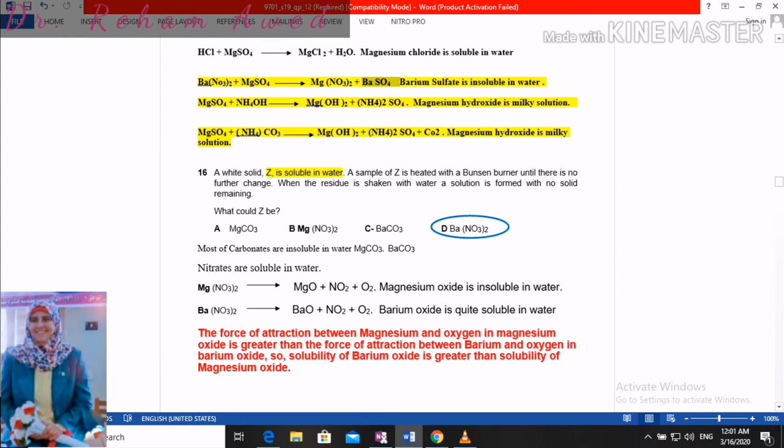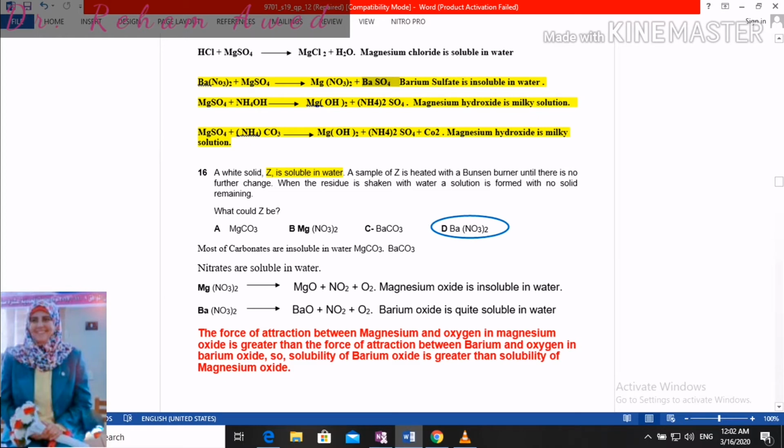Take care. We have a force of attraction between the atoms of group 2, like magnesium and barium, and the oxygen element. As the atomic radius of the element decreases, the ability to have strong interaction between the element and its oxide will increase. So we have extra interaction between magnesium and oxygen in magnesium oxide.